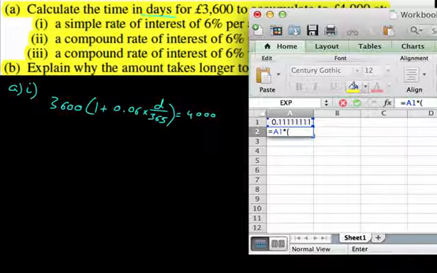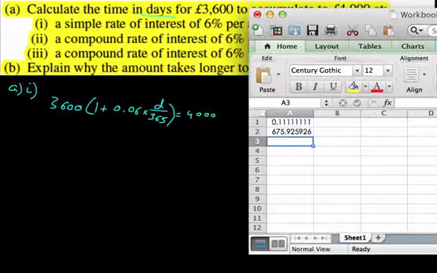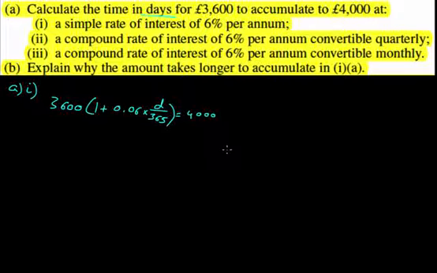That will give us D, which is 676 days. Okay, so that's all good, and it makes sense. Not everything has to fit into 1 year time frames.